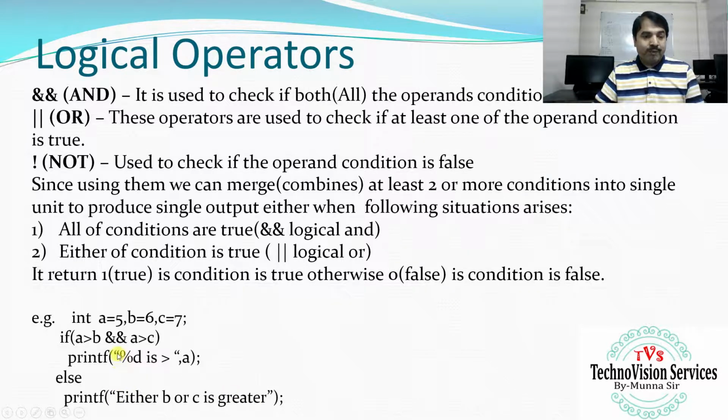So from the two printf statements only one will be printed. If the condition is satisfied, the if printf will be displayed, otherwise the else printf. Since a is 5, b is 6 and c is 7, what will happen? 5 is not greater than 6, so the first condition itself becomes false, and therefore it will not check the other conditions.